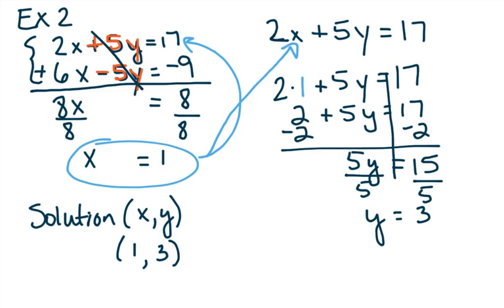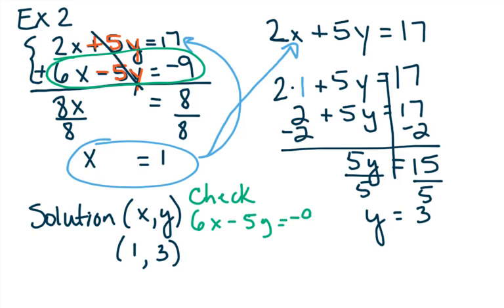Now let's make sure that (1, 3) works in the second equation. So my second equation is right here. 6x minus 5y equals negative 9. So I'm going to plug 1 in for the x and 3 in for the y.